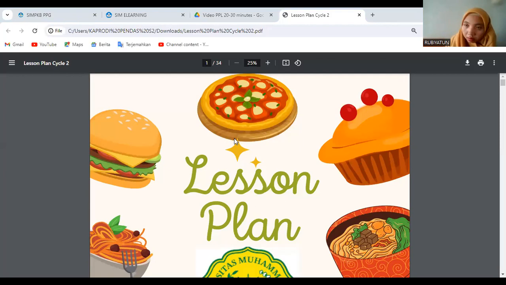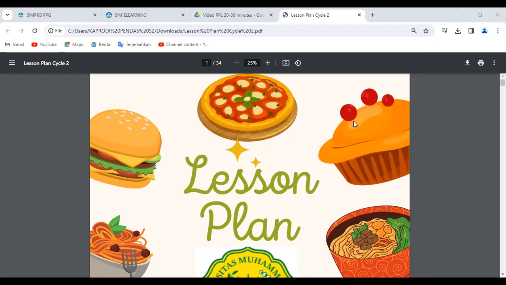Okay, as you can see here, this is a creative kind of teaching document, consisting of the K-13 curriculum. Everyone, as you are aware, when we create a teaching document for the K-13 curriculum, we have to make 5 things. Starting with the lesson plan, that will be the first.